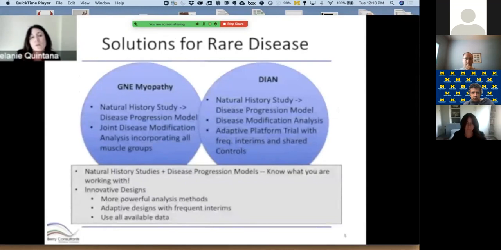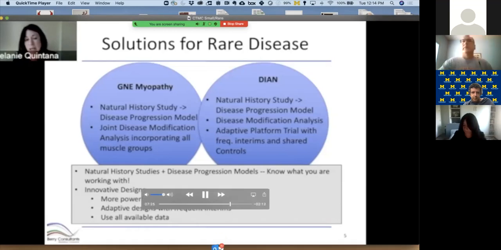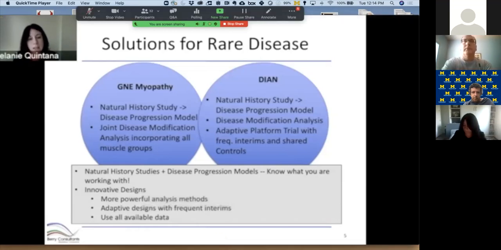So I'm going to focus on going through these two examples in detail, walking you through exactly what we did when designing these trials, how we overcame those complexities and those limitations. But a brief overview for each of these is in both GNE myopathy and DIAN, we were very blessed to have natural history studies or observational studies that provided us with rich data on how individuals progress under natural history in terms of key clinical endpoints.